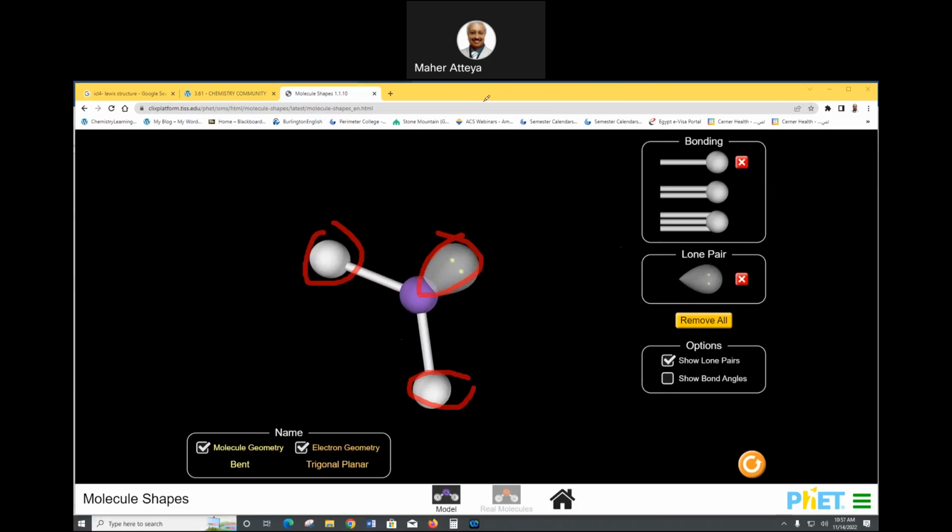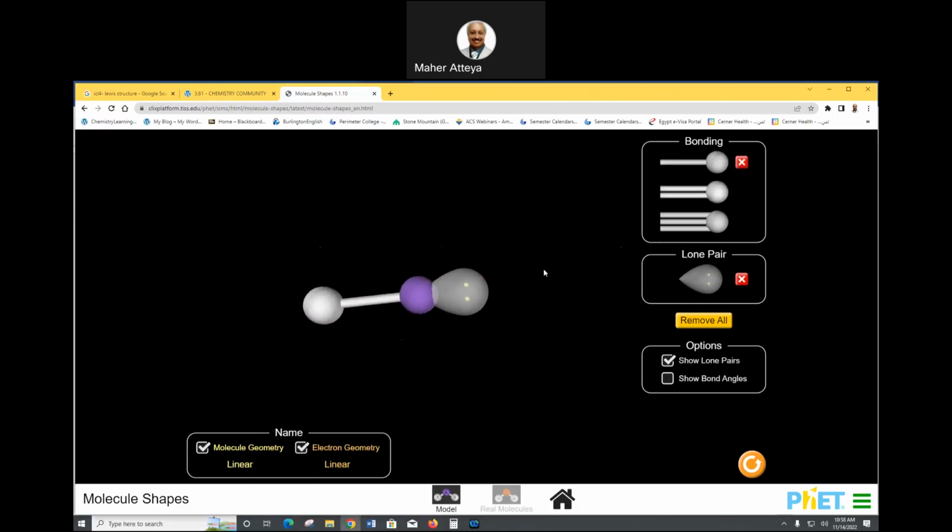Last thing here, and then I'll let you do the table. Let's take this one here and tell me about the polarity of this compound. Is this molecule polar or non-polar?